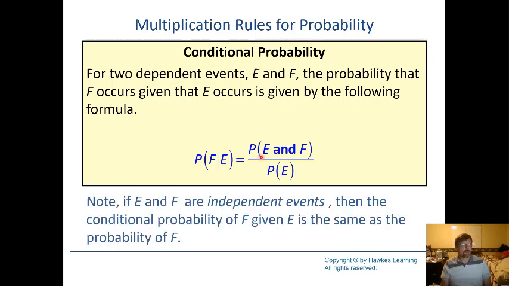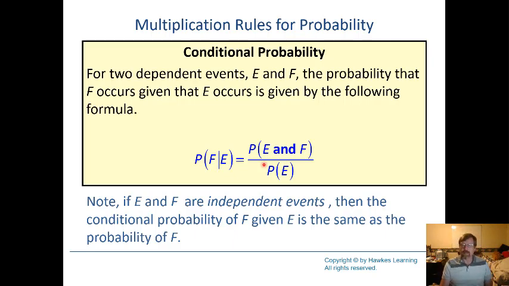Do note that if E and F are independent, then the probability of E given F is the same as the probability of F. Right, so if E and F are independent, this probability is equal to the probability of just F.